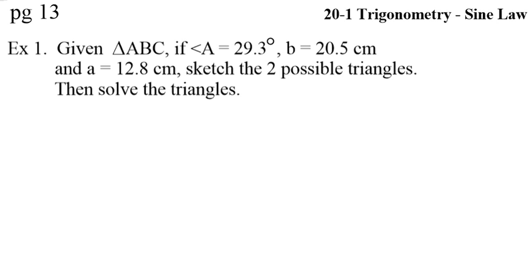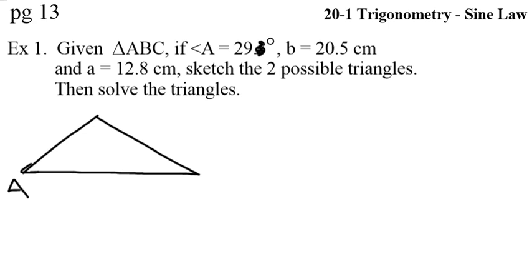So let's go back to the notes and see what we have here. Page 13 looks at the ambiguous case. If you're given triangle ABC, and just for simplicity's sake, let's get rid of this decimal. That's not necessary. So ABC, I'm going to sketch it. A I'm going to put down here because it's an acute angle, so we have a 29-degree angle. Side B is 20.5, down here.